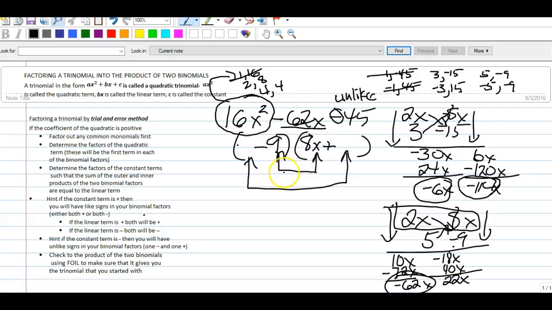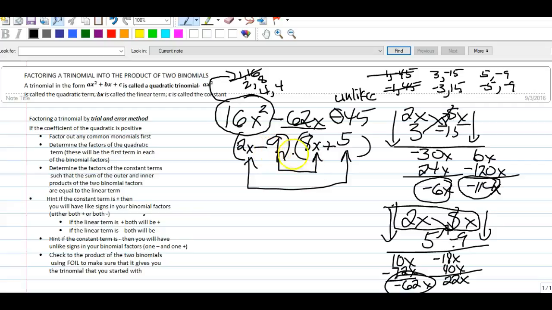It does make a difference where you place those. And I have a 2x times a plus 5, so the plus 5 is going to have to go here, and the 2x here. You can always test these to make sure that you get them in the right place by finding the sum of the inner and outer product, and then changing these around if you need to.